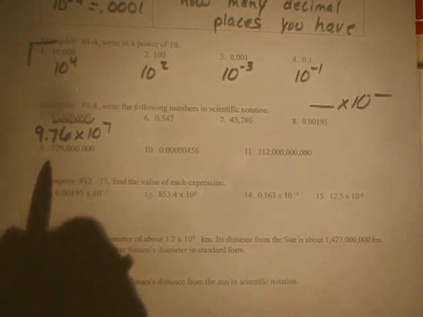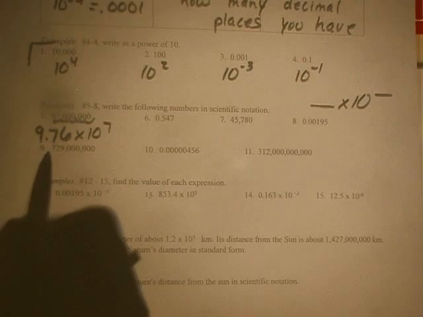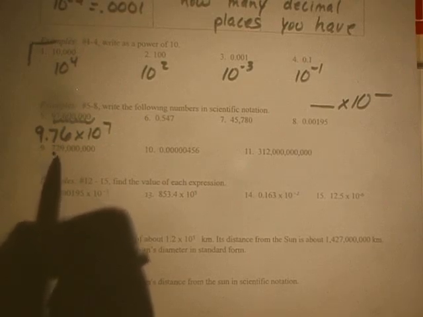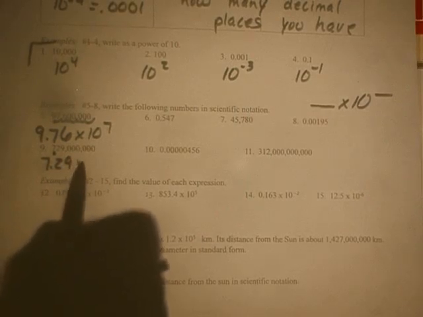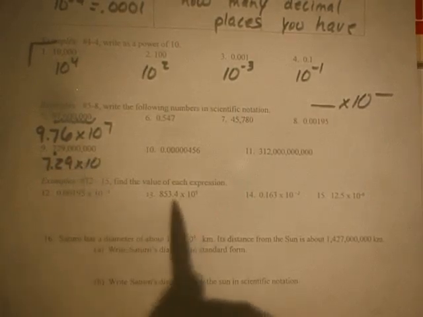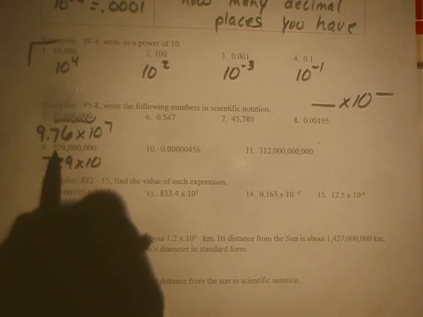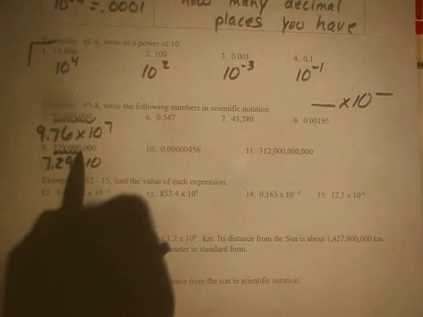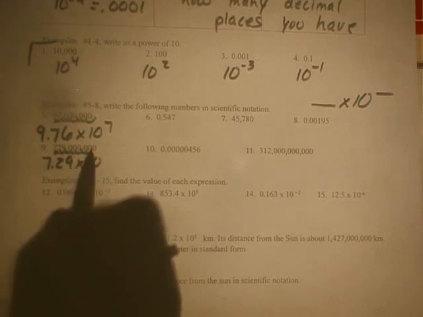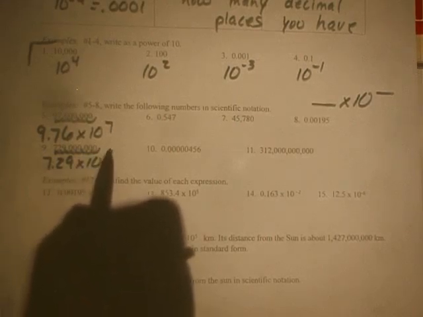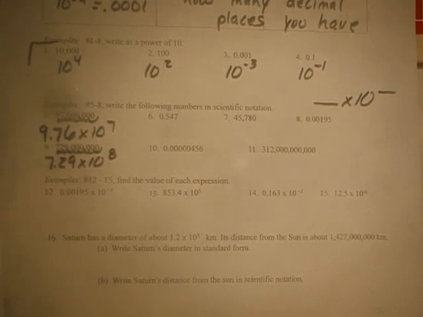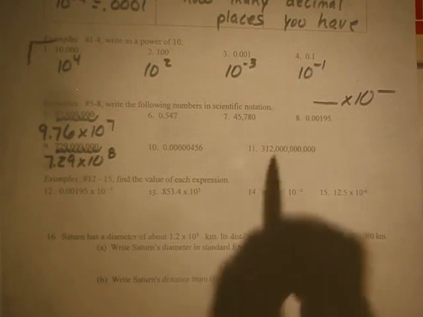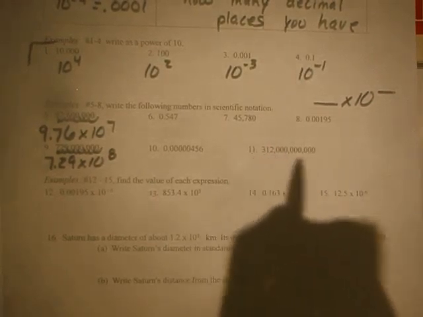We're going to go to example 9 next. A number between 1 and 10 would be 7.29, and then we need 10 to some power. If we move this over 1, 2, 3, 4, 5, 6, 7, 8, that would be 7.29 times 10 to the 8th. Next, we're going to go to number 11.